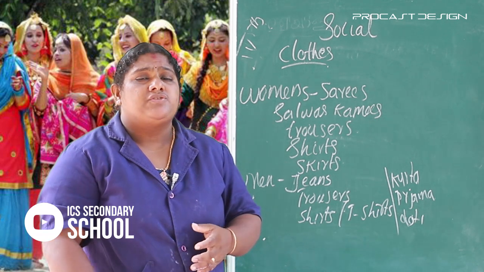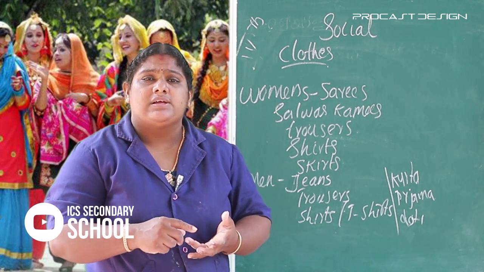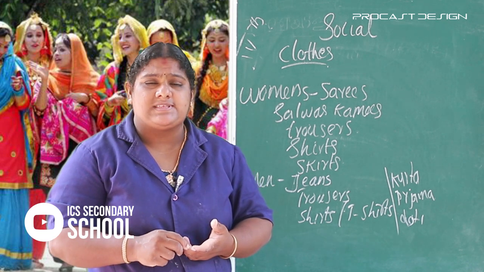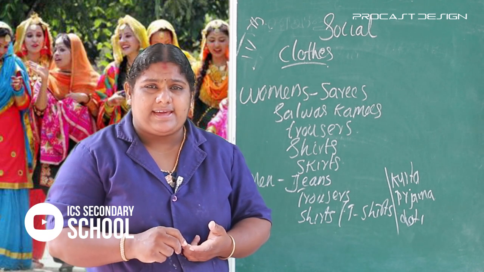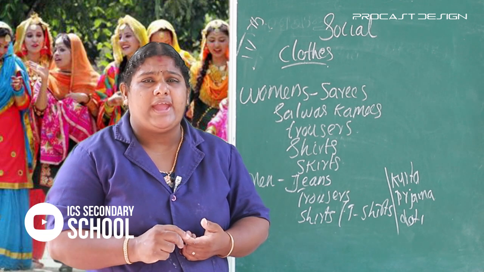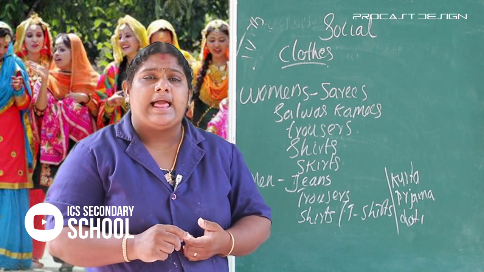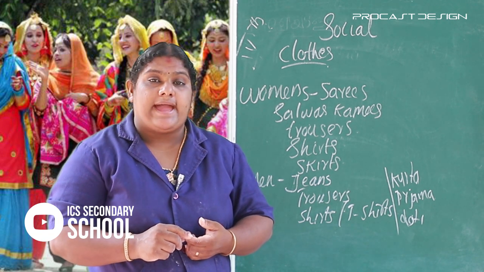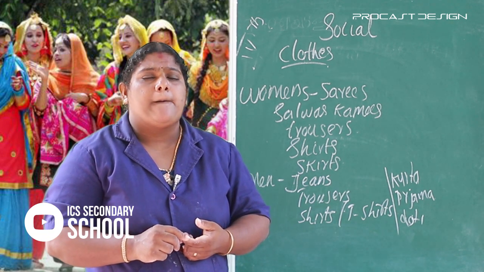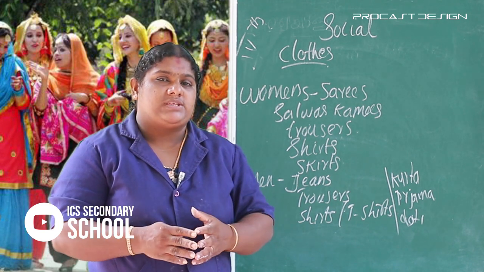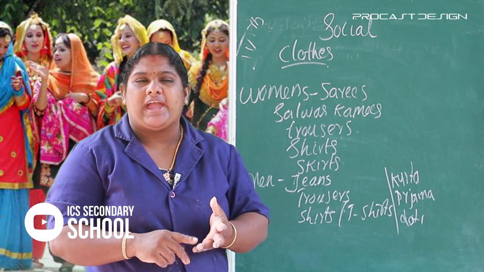Okay. Today we discuss culture. What is culture? Culture is the characteristics and knowledge of a particular group of people, encompassing language, clothes, dance and music, architecture, paintings and festivals. We studied about language and clothes.